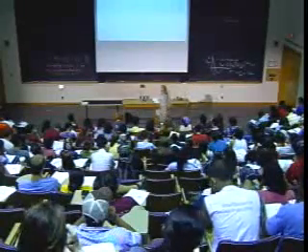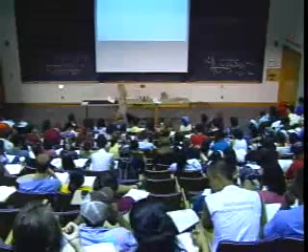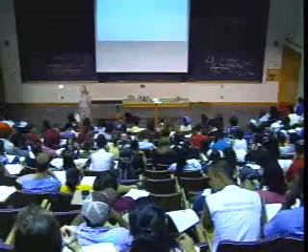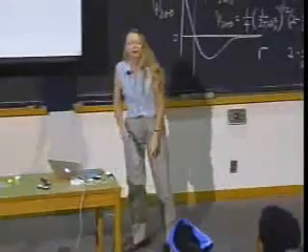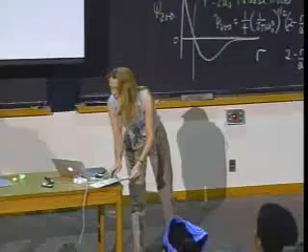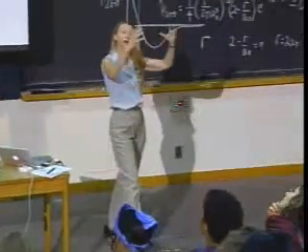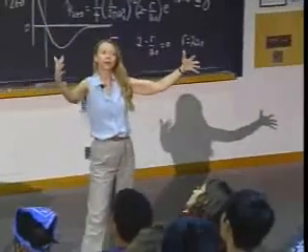We're going to plot something, and we're going to talk about something called the radial probability distribution. What's that? Well, the radial probability distribution is the probability of finding an electron in a shell.